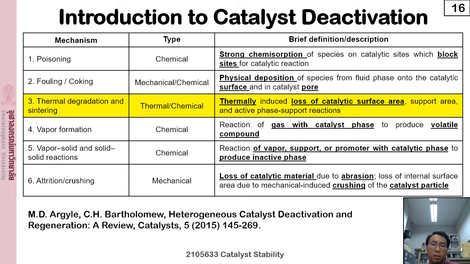So this thermally induced process causes the loss in activity by the loss of active surface area, and also the loss of the active phase to support interactions. For example, if you have a catalyst supported on a support, when you lose the active site, you lose the interaction between the support and the active phase.